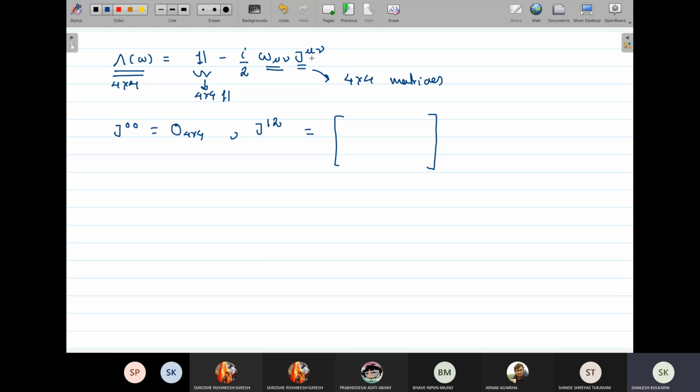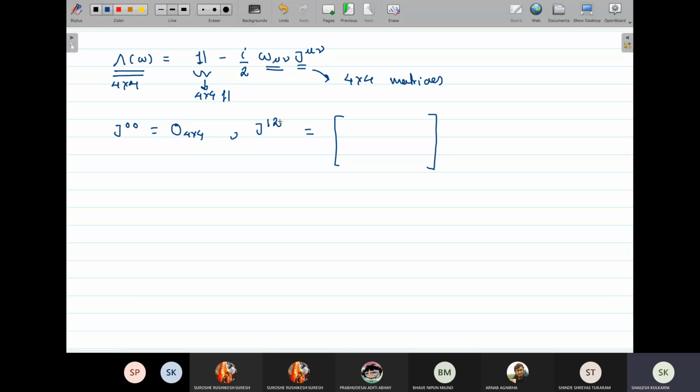Here, antisymmetric in mu nu does not mean that the matrix itself is antisymmetric. It tells you that whatever matrix you get, you will get minus of that if you flip the 2 and 1.